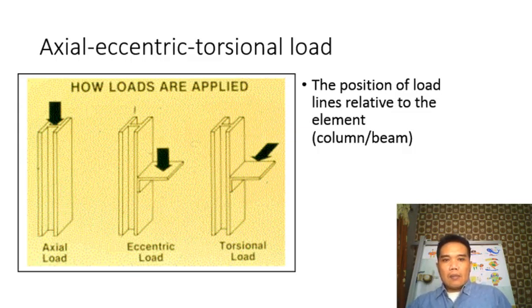The next step, we have to know about the differences between axial, eccentric and torsional load. In the first drawing we have axial load, but if the load line itself isn't aligned with the element, we have the eccentric load.